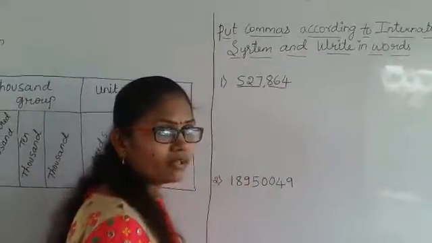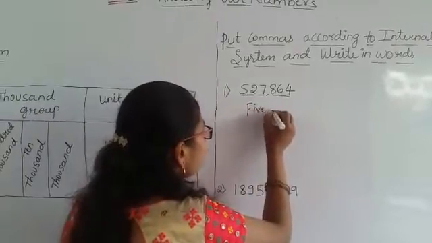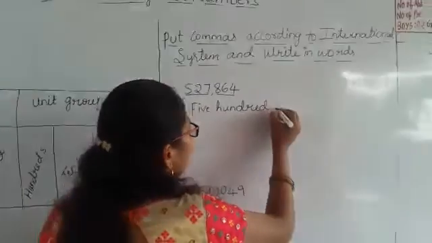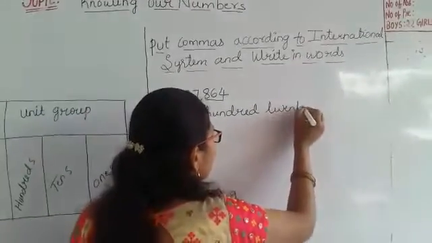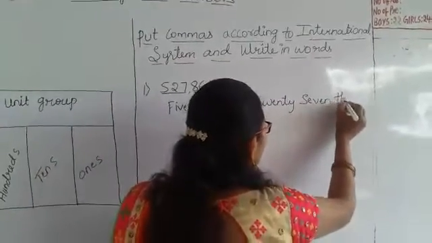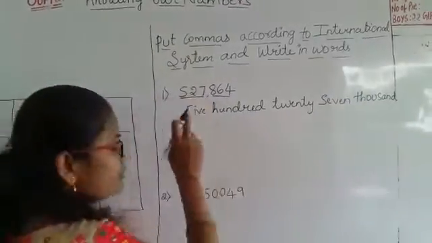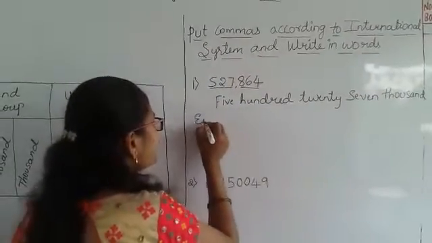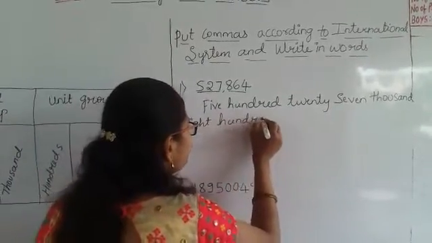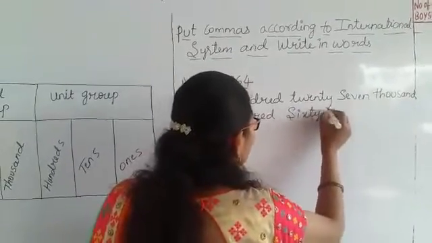Now we have to write the given number in words. 527,000, 864.